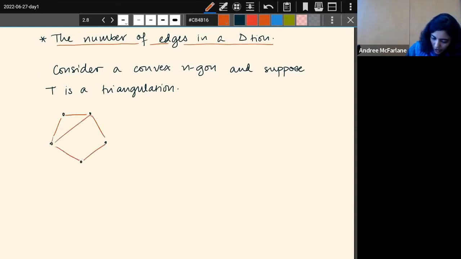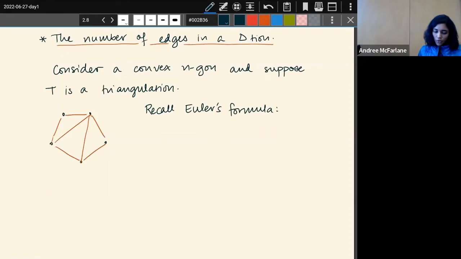Notice that if I draw a triangulation in the plane, it's a planar graph. And so we have some tools to count edges and faces and vertices of a planar graph, namely the Euler characteristic, or Euler's formula. So remember Euler's formula. We have n vertices.